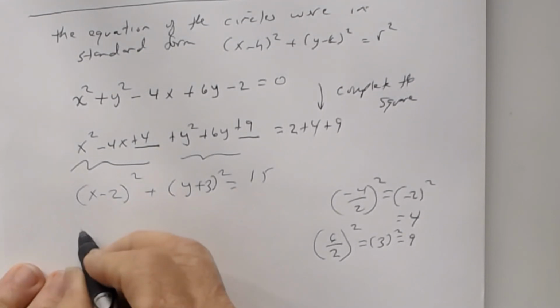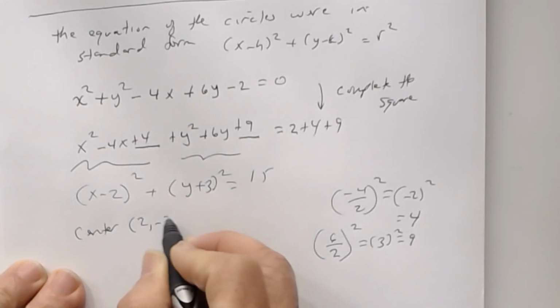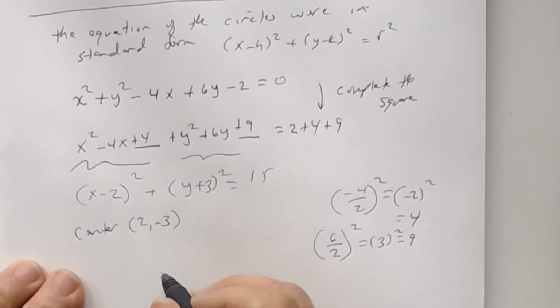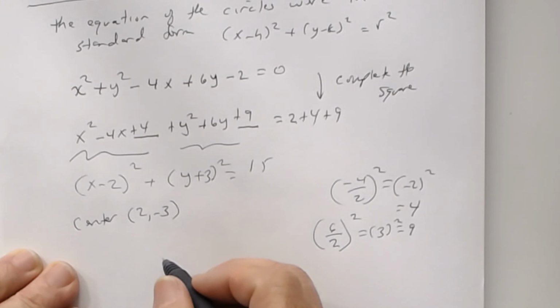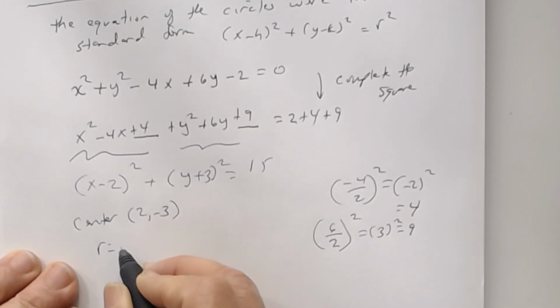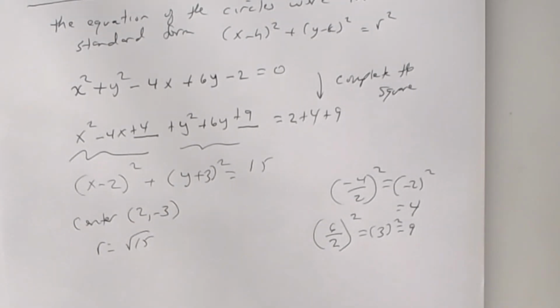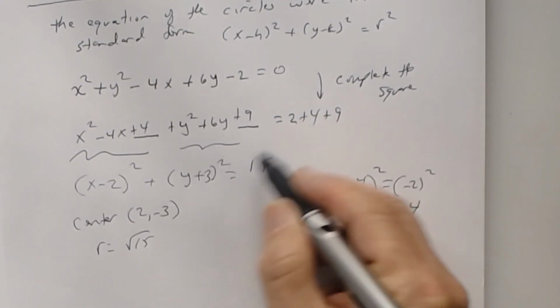What's the center? (2, -3). What's the radius? Square root of 15, because remember, r² is 15, right?